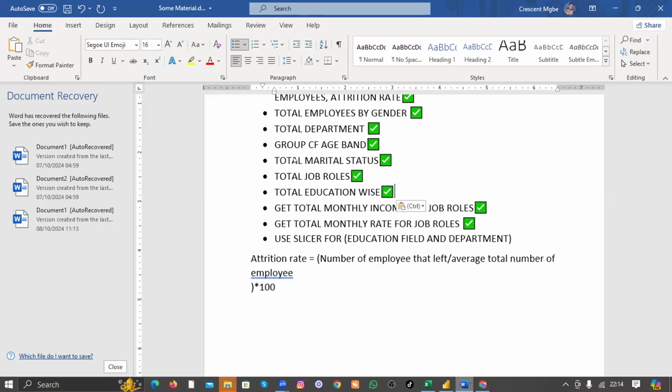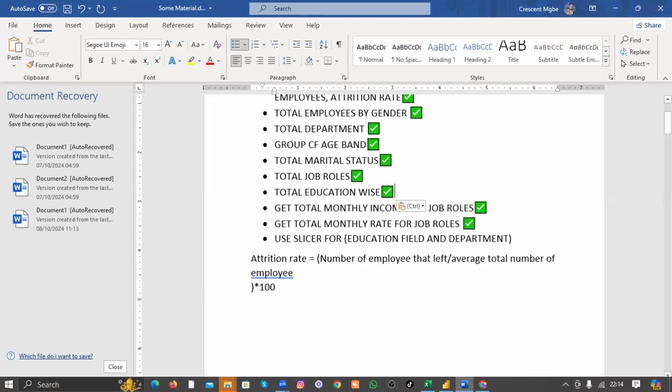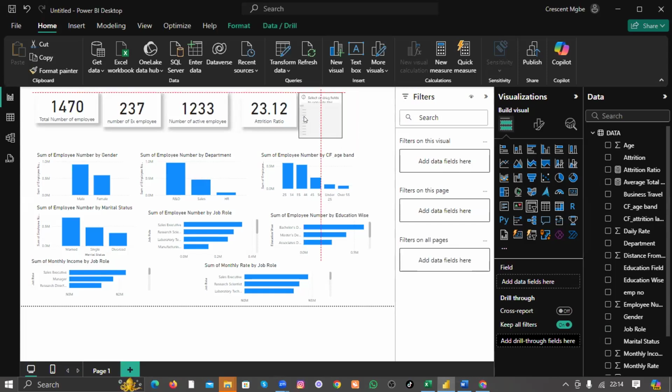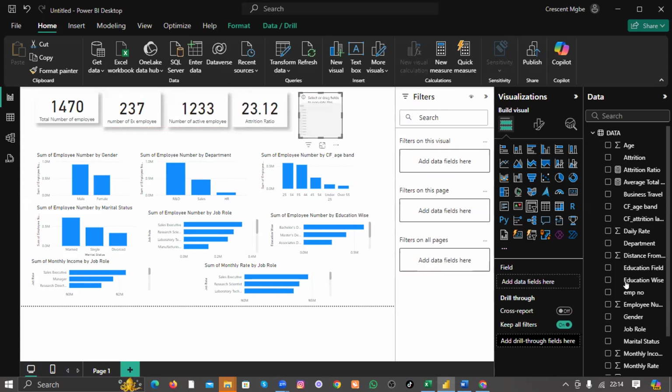So whoever is reading your story or taking a look at your insight can just say, okay, I want to check a particular department or a particular education field. So the first one, education field, the second one, department. You just come here and pick your slicer. I think you should put it here, and then you put education field inside. That's all.